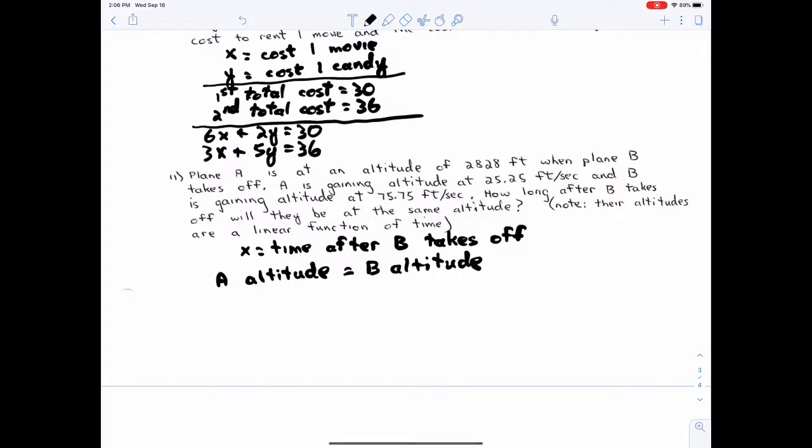The starting altitude plus the increase in altitude. So we have starting altitude plus the altitude increase. And that's going to be for both of them.